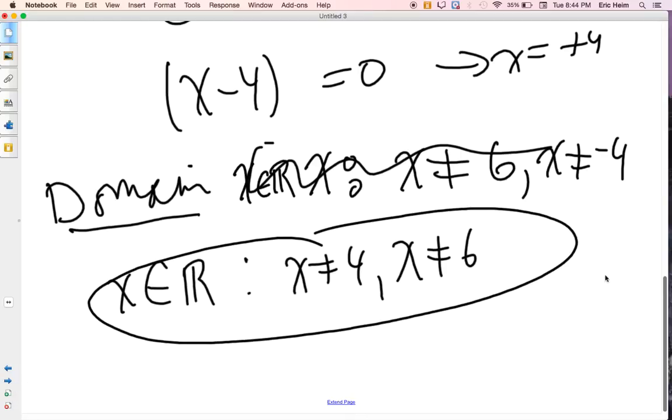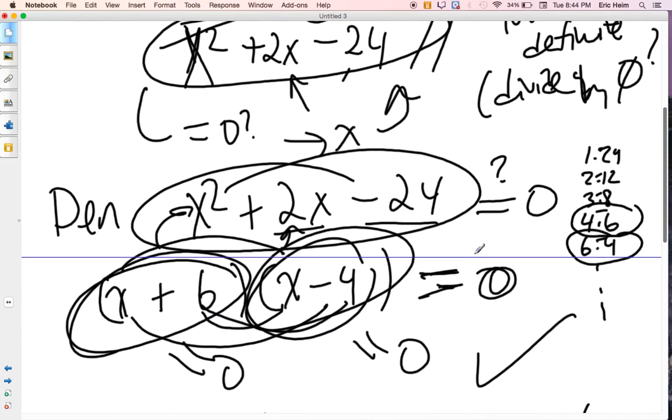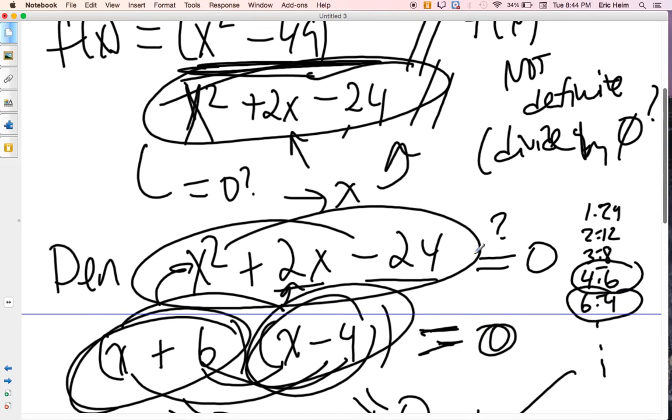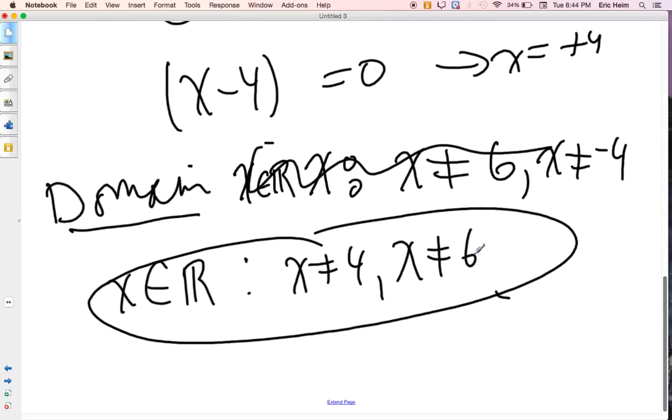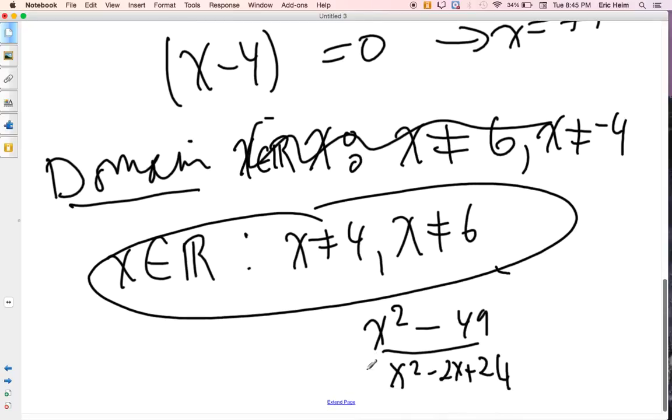Now, our original problem here was x squared minus 49 over x squared plus 2x minus 24. Are there any other values of x that would make this not true?